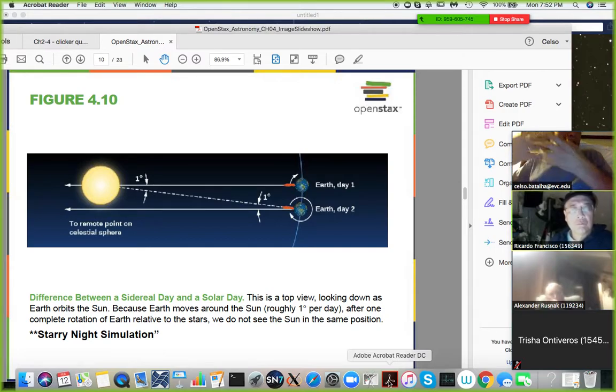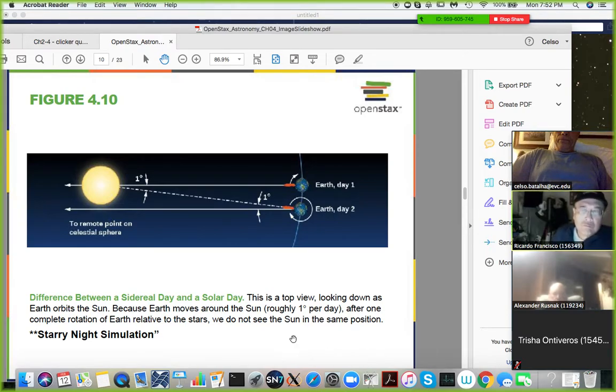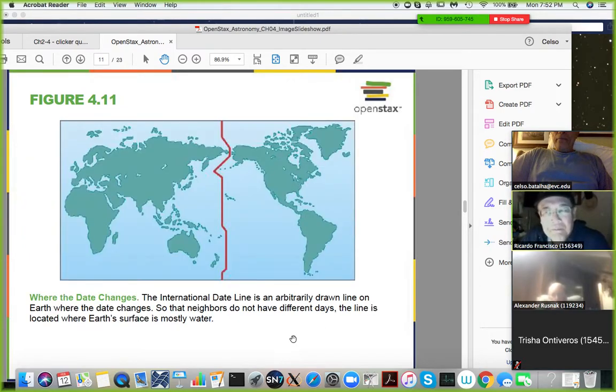So we have a tendency to see these constellations drifting westward every day. 1 degree here, another degree tomorrow. Next thing we know, past 1 week, 1 month, our Orion is going to be off view at the time we like to see, which is about 9 or 10 p.m. That's when we have our public viewing. Are we all there? Okay.